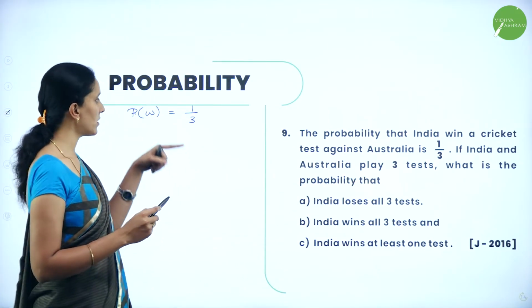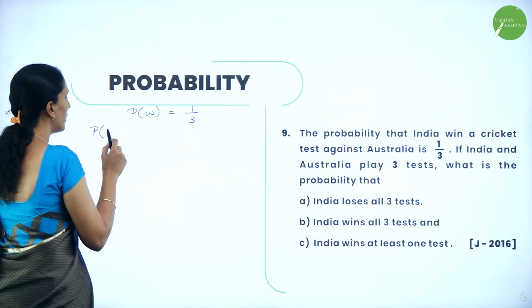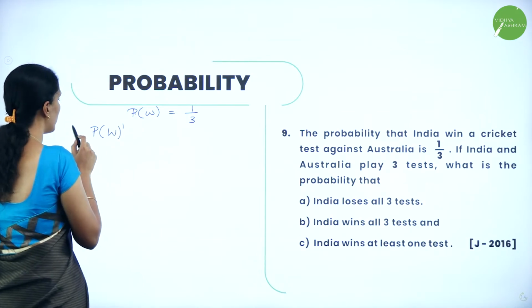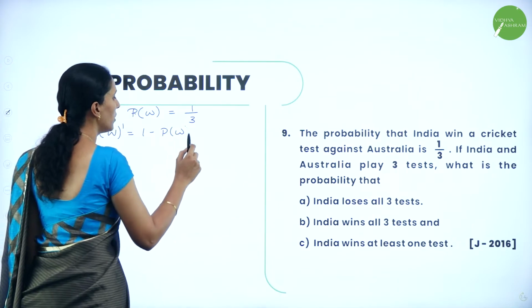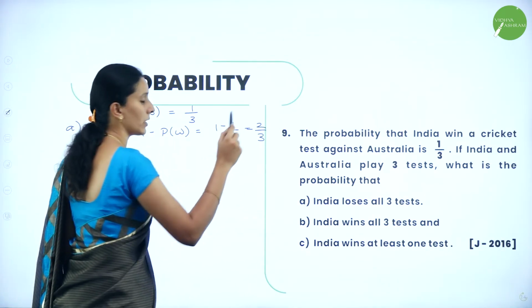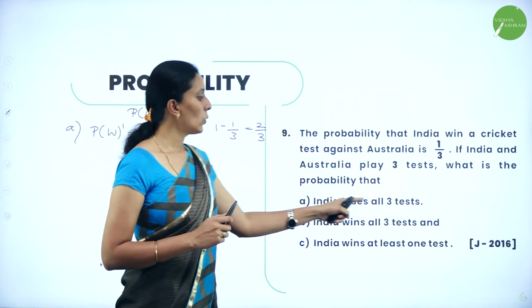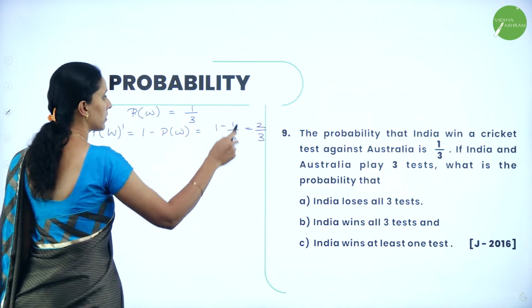Losing means it is exactly opposite to winning the game. So it is P of W complement, which can be written as 1 minus P of W, which is 1 minus 1 by 3, which is equal to 2 by 3. And they have given it loses all the 3 tests, so therefore it is the cube of this.